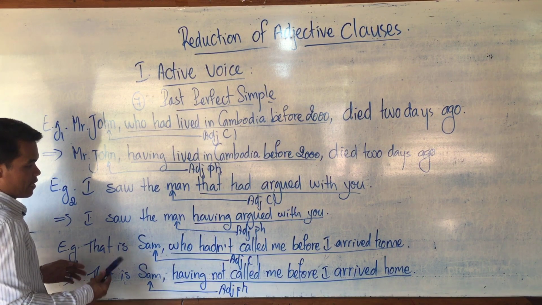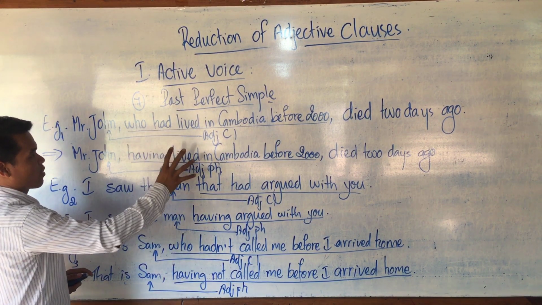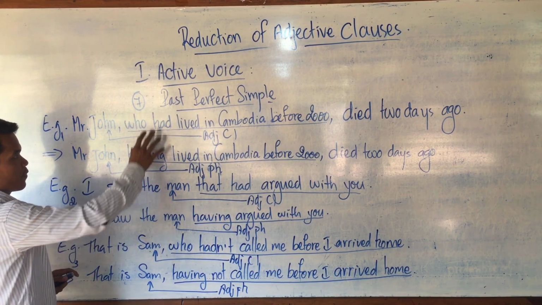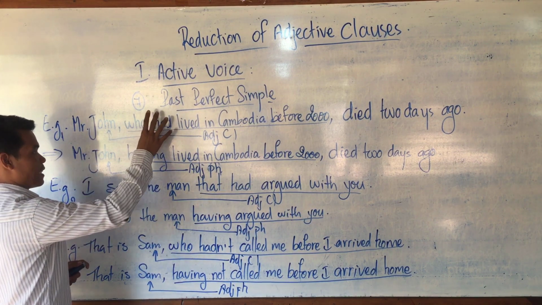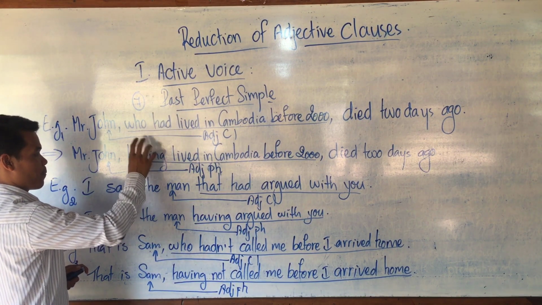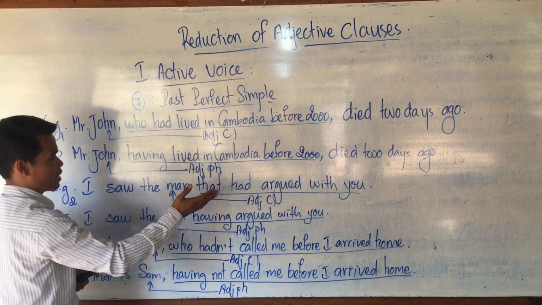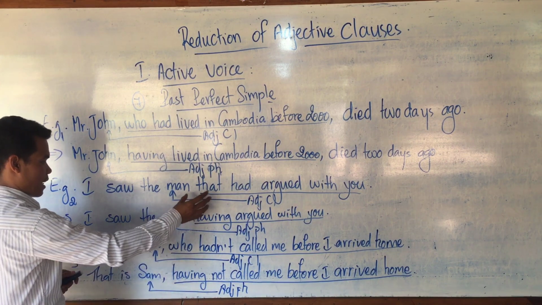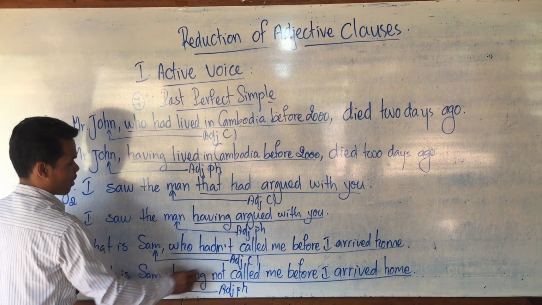So it's very easy to remember. When the adjective clause is positive, in order to change it to an adjective phrase, we only delete the relative pronoun and change had to have plus ing plus verb participle. And for negative, we only delete the relative pronoun and change had to have plus ing. Not is still not.